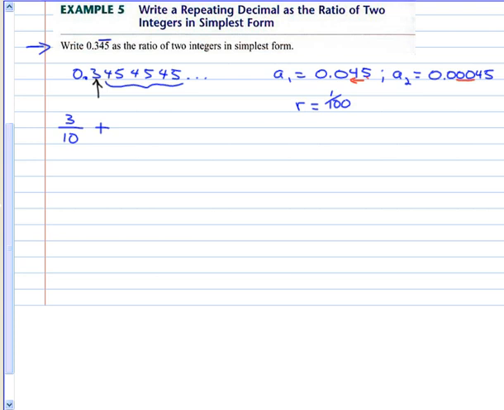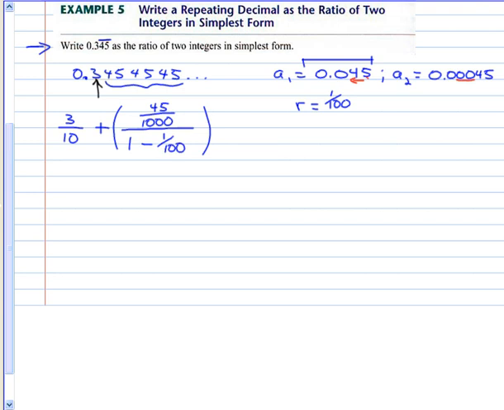So let's go through our infinite sum that we're going to do right here. A sub 1, 0.045. And I guess I should write that as a fraction, just like I did last time. Think of the decimal place: this number right here is 45 thousandths, divided by 1 minus my common ratio, which is 1/100th.